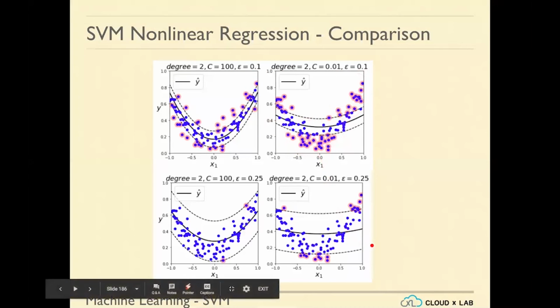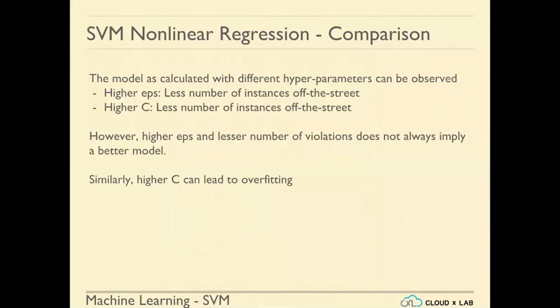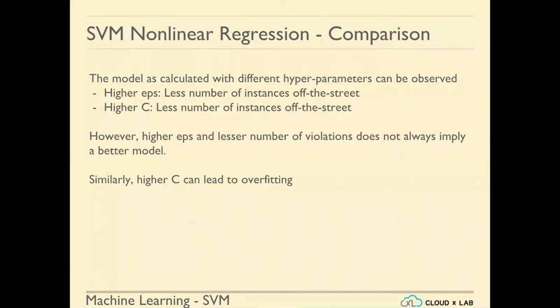Okay, and similarly the case here, and so on. If you drop the value of C, it will basically become kind of a straight line. If you increase C, it'll become more nonlinear. In both cases, as you increase C, there will be fewer instances outside the street.